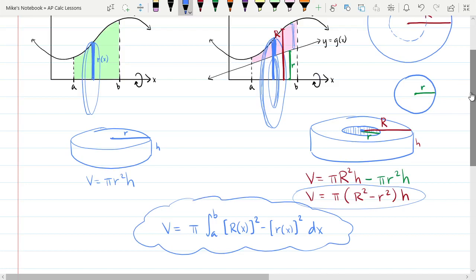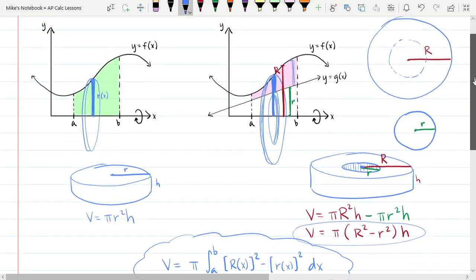Okay, so again, looking back at the original pictures that I drew, to make sure you understand when you're doing a disc versus a washer, notice that for the disc method, the axis that we were revolving around was actually one of the boundaries of the region, versus this washer method, where the axis that we were revolving around was not one of the boundaries of the region.